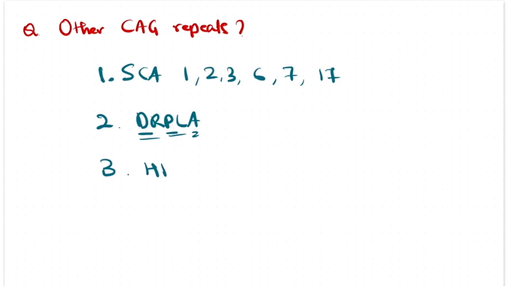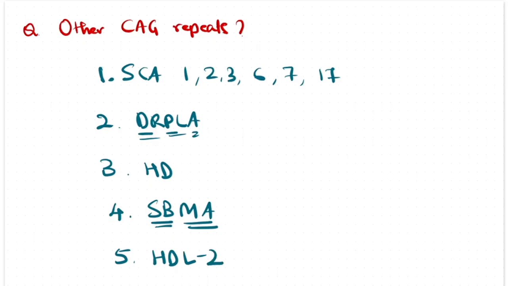Then we have Huntington's disease. Then SBMA means spinobulbar muscular atrophy, a type of MND. Then we have HDL2, Huntington disease like 2.